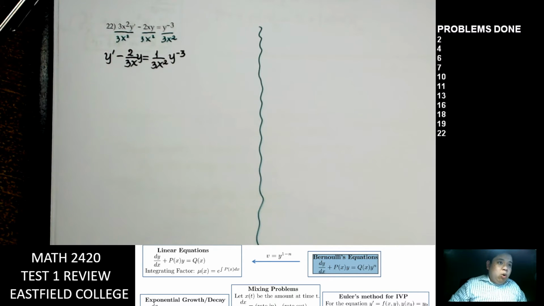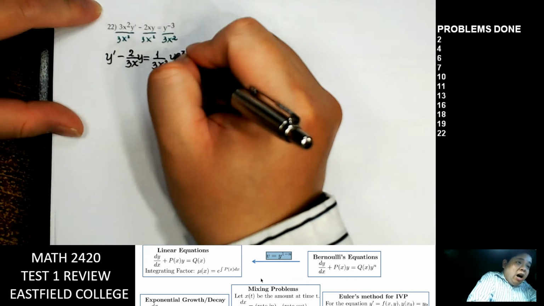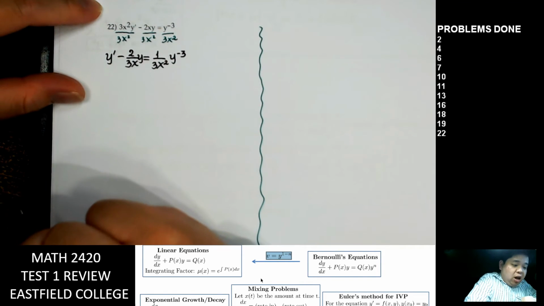Next, the Bernoulli equation, the substitution is this: v equals y to the 1 minus n, and in this case n is negative 3.